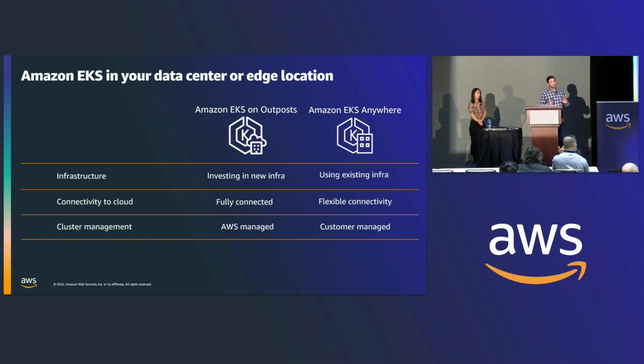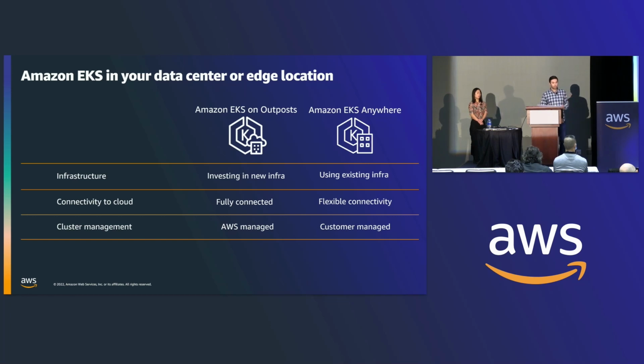However, we definitely have a lot of customers that are like, no, I really like my Dell, HP, Supermicro, et cetera, hardware, and I'm going to continue to use that for the next few years because it's been working for me for several years up until this point. And that's really where EKS Anywhere is an option for them. Leechin will go into the details of the various types of infrastructure and providers that we have available in EKS Anywhere to run an EKS compatible solution on your own hardware.